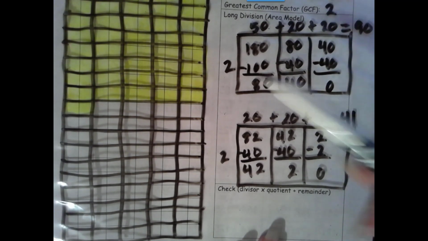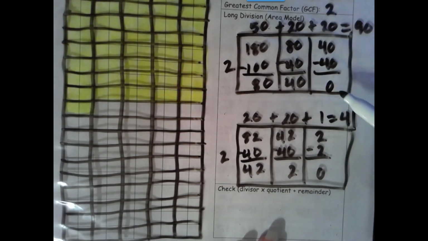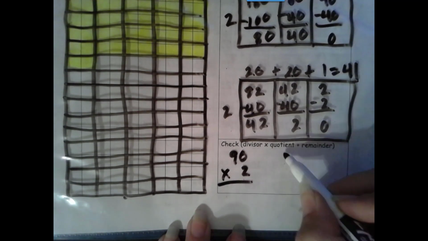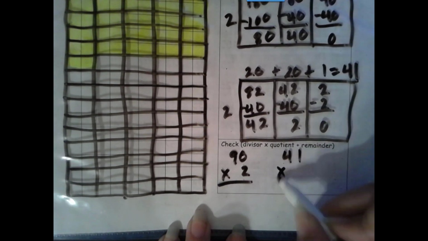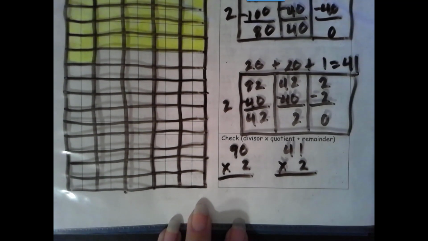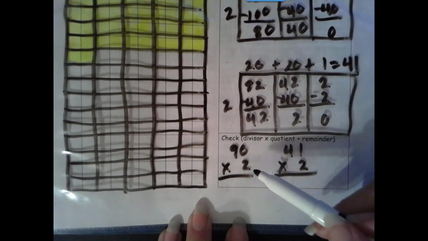Okay, now we need to check. Divisor times quotient plus remainder. Now since our remainder is 0 for both, and the identity property of addition says when you add 0 it stays the same, we don't need to take the time to add 0 if it's just going to stay the same.